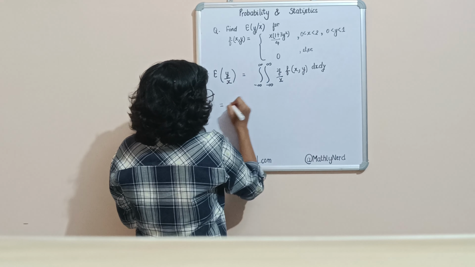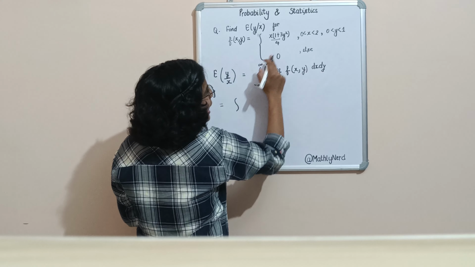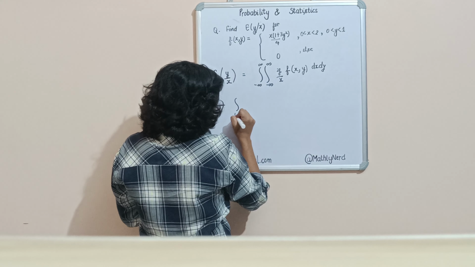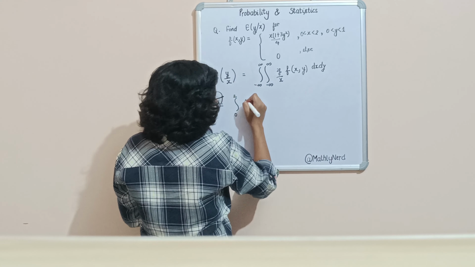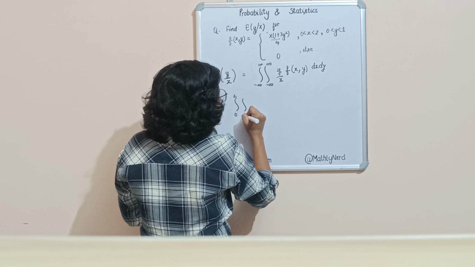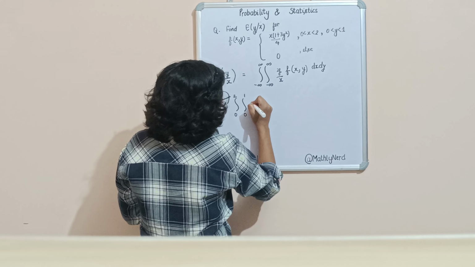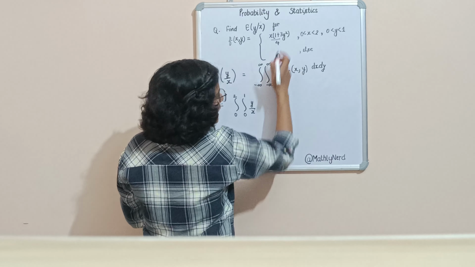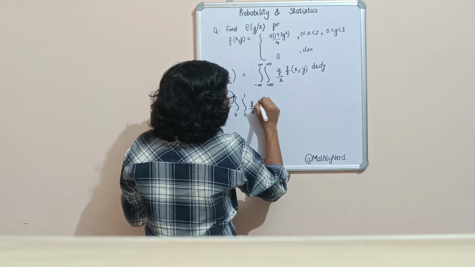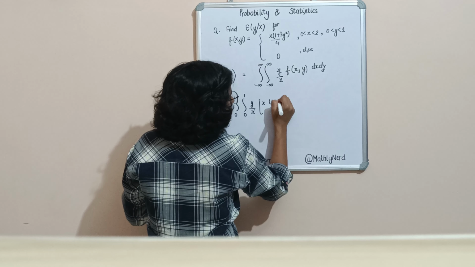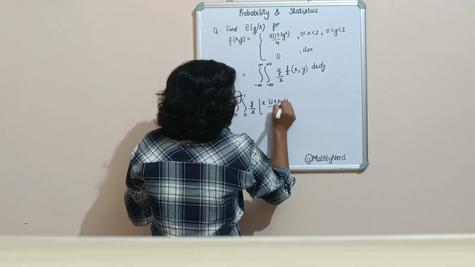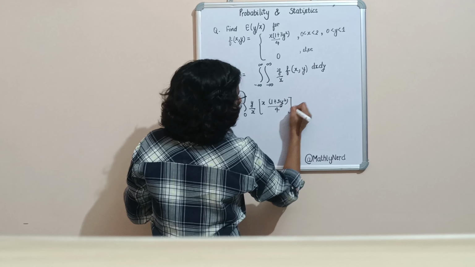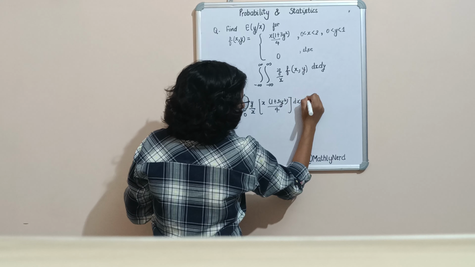That's why x lies between 0 to 2, y lies between 0 to 1, of y by x times f(x,y), which equals x times (1 + 3y²)/4, dx dy.